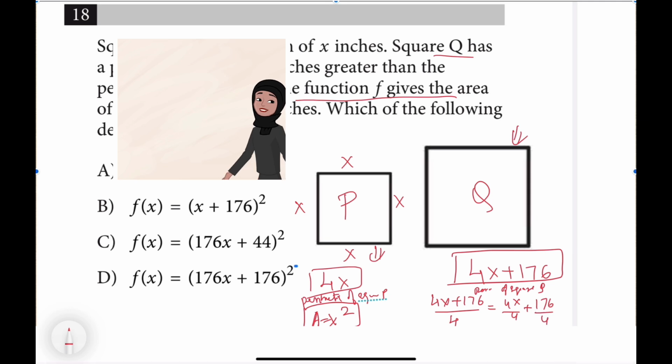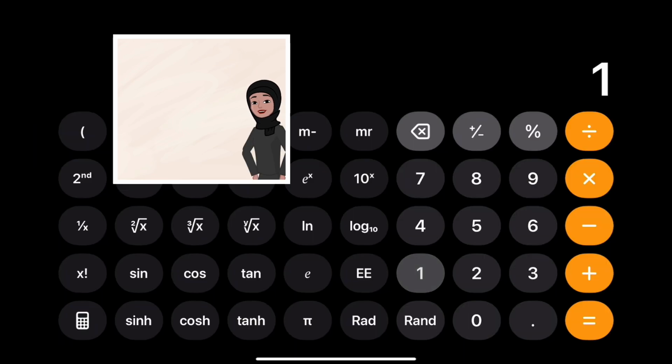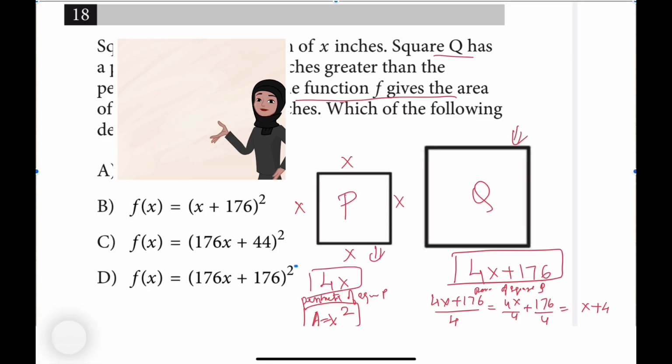So what we will be left with? We will be left with x plus 176 divided by 4. 176 divided by 4 is equal to 44. Each of these sides of square Q will be x plus 44, x plus 44, x plus 44, and same way x plus 44. That's why the perimeter is 4x plus 176.